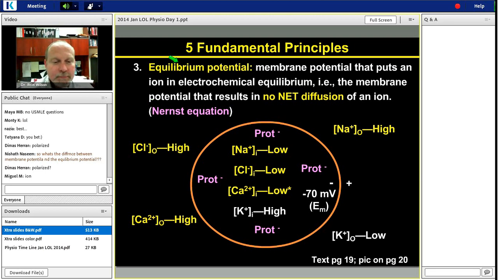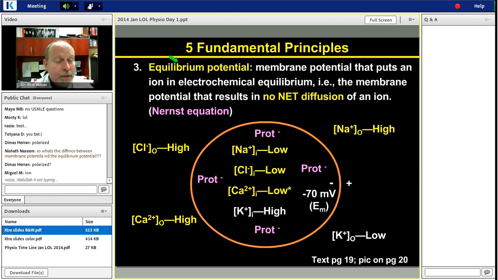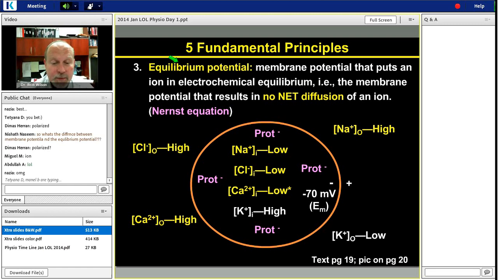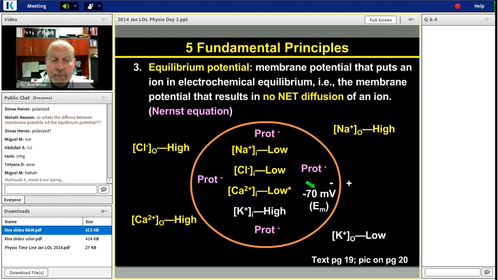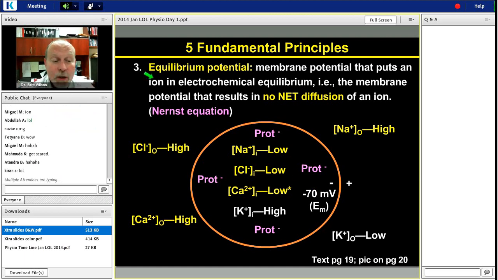Membrane potential is whatever the membrane has. An ion will have its own equilibrium potential. We'll show you the Nernst equation. You don't have to memorize it. You need to appreciate what the Nernst calculates: it calculates the equilibrium potential. We'll show you the equation in just a moment.